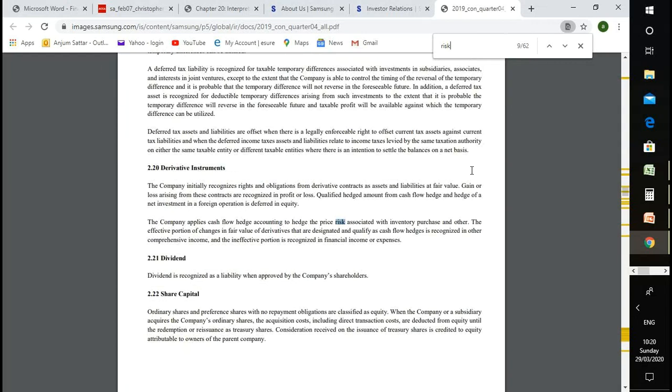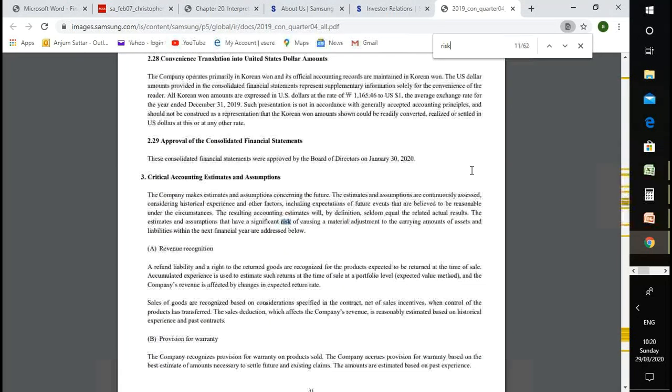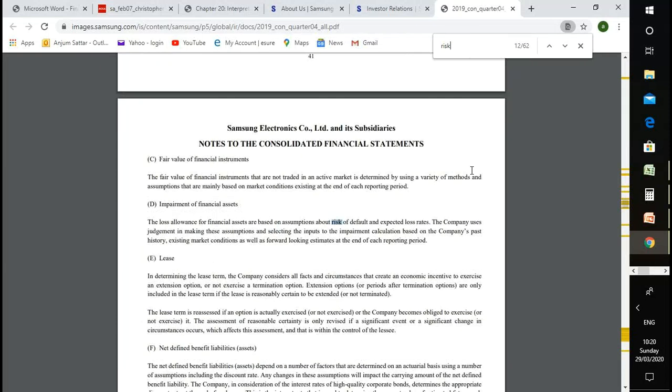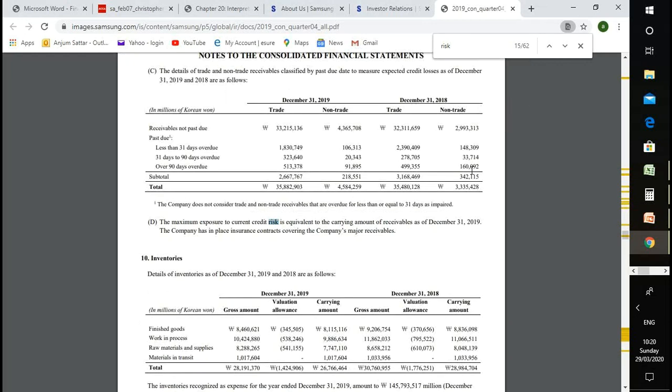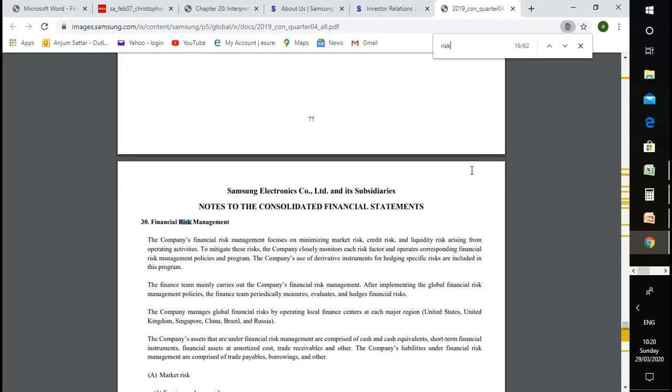Even in this report there is risk related to inventory, risk causing material default and expected credit losses, and significant risk of change in the values of the currency. That can be a huge risk because they have operations in many countries, and changes in the currency exchange rate matter.